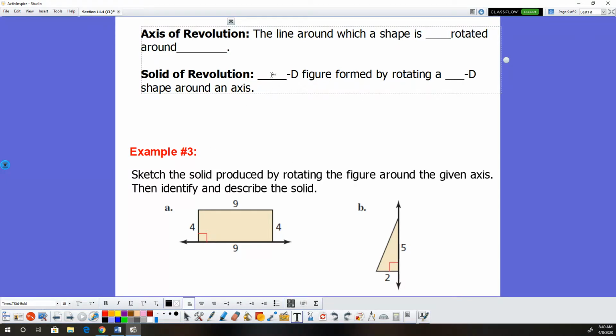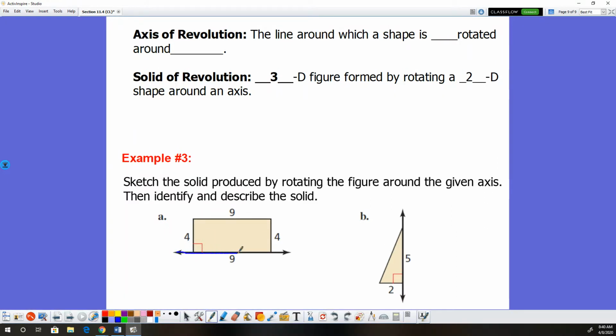And then the solid of revolution is the three-dimensional figure formed by rotating a two-dimensional figure around. So let's look at these. Here's my axis of revolution. Remember, my axis of revolution would be a line. So this is my axis of revolution here, and then this over here is my axis of revolution.